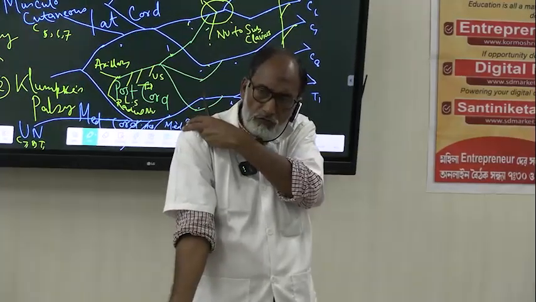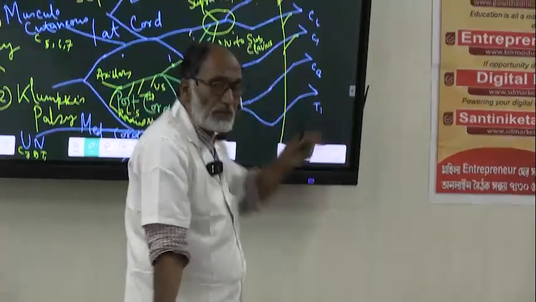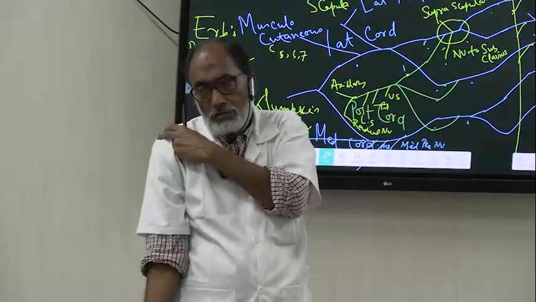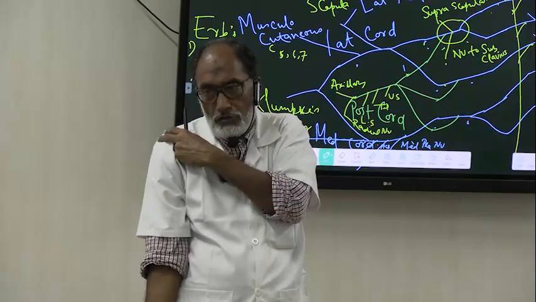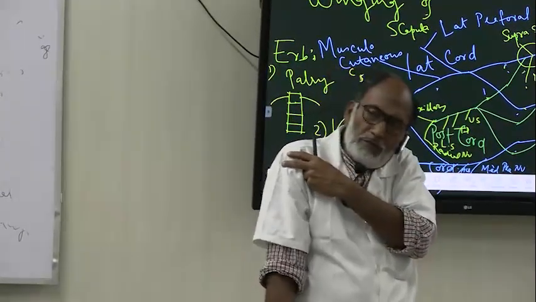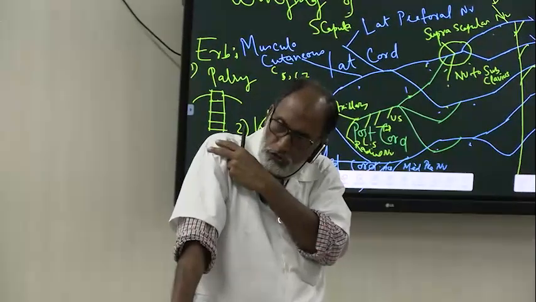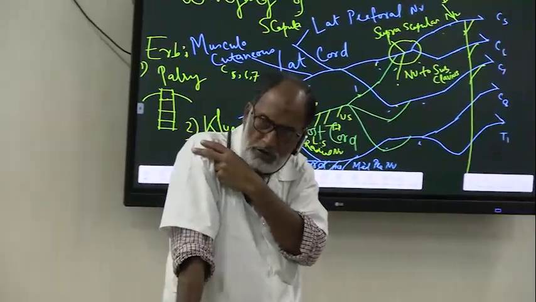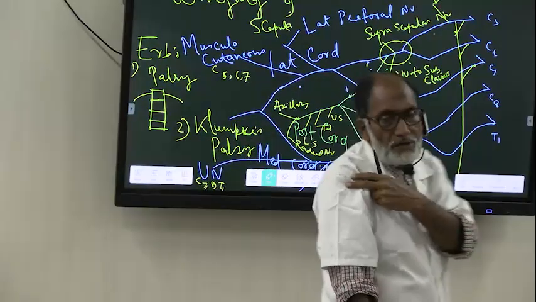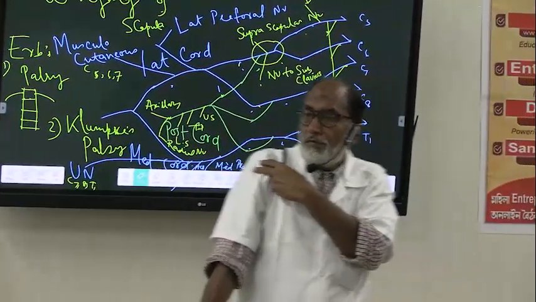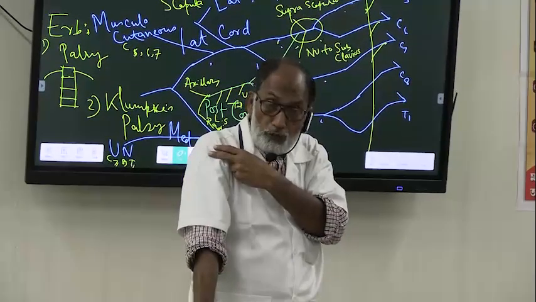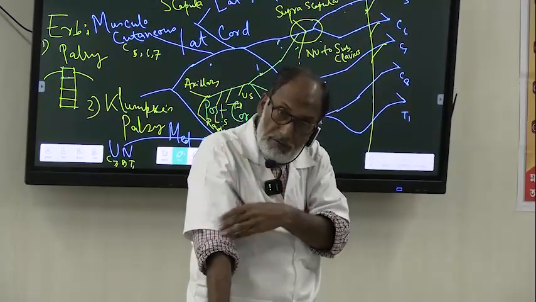teres minor and supraspinatus muscle are called lateral rotators. So there will be no lateral rotation, there will be medial rotation. So the hand will be pronated like this, and the supinator muscle will also be affected.